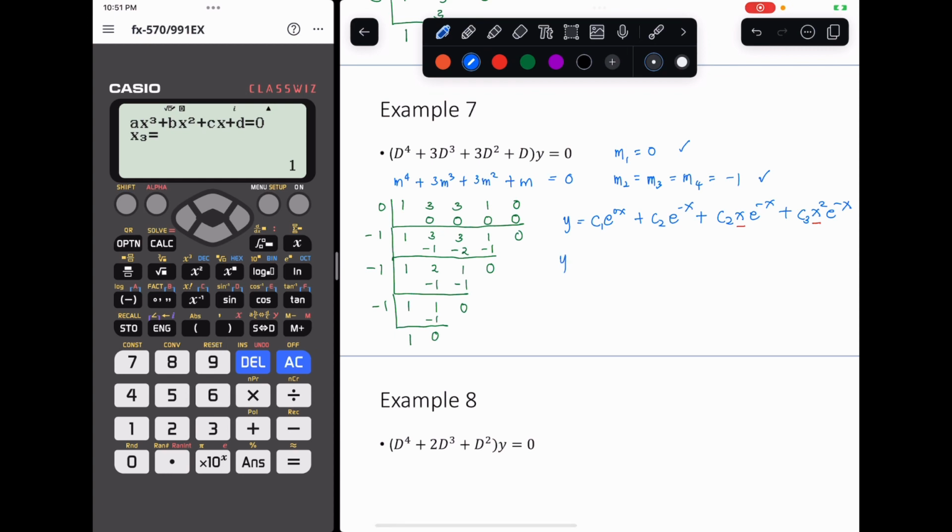So y then, e raised to 0 is 1. It's just simply c1 plus c2 e raised to negative x plus, okay, my constants are not correct. So plus c3 x e raised to negative x, and then plus c4 x squared e raised to negative x.